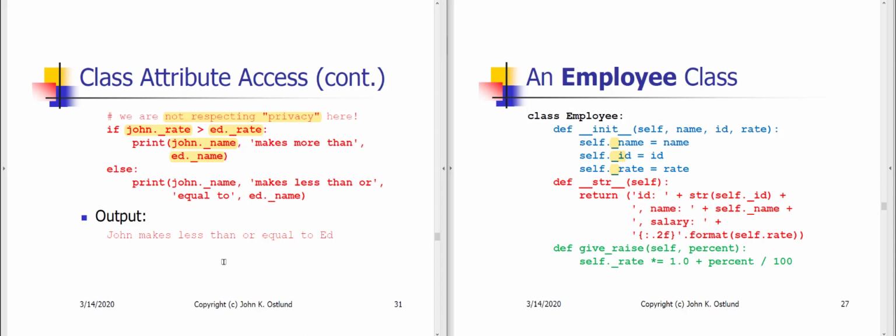Of course, Python is interpreted, but the fact that it's interpreted doesn't have anything to do with privacy or lack of privacy. Everything is only private out of respect, and here we're not being respectful.